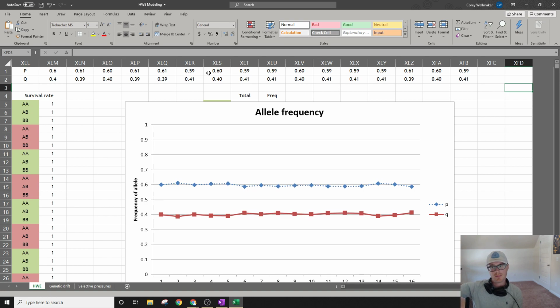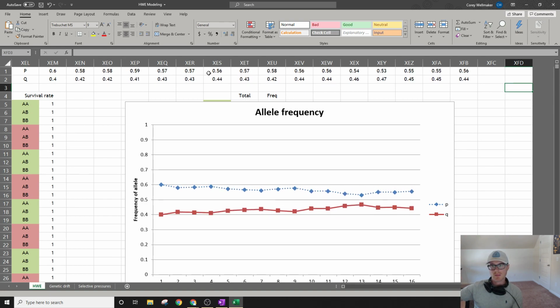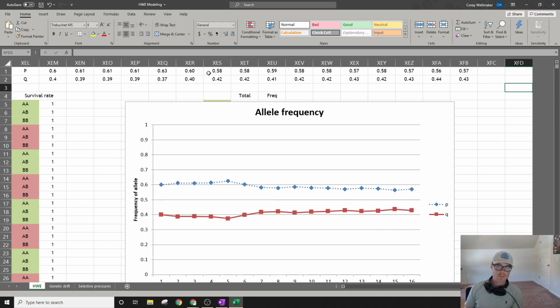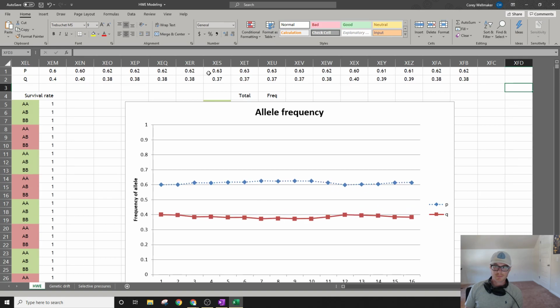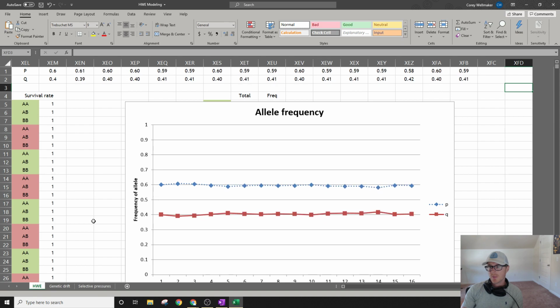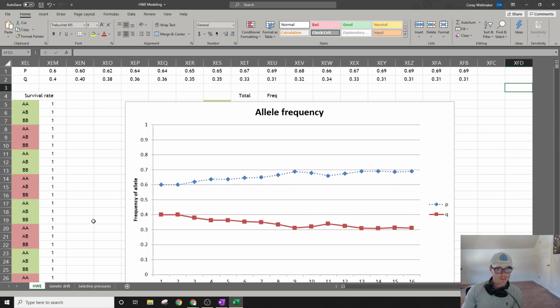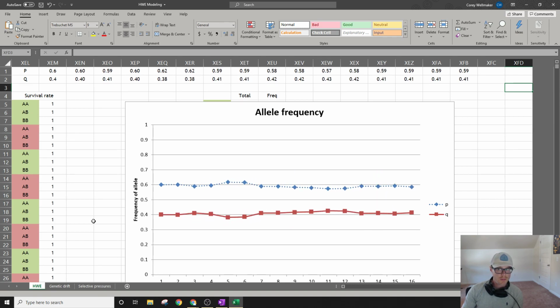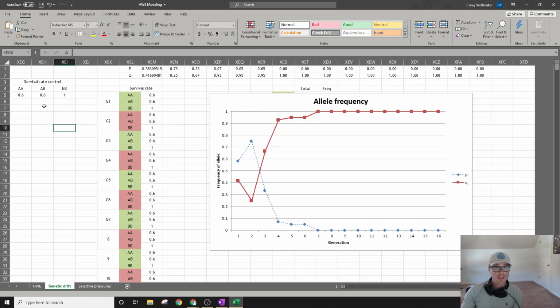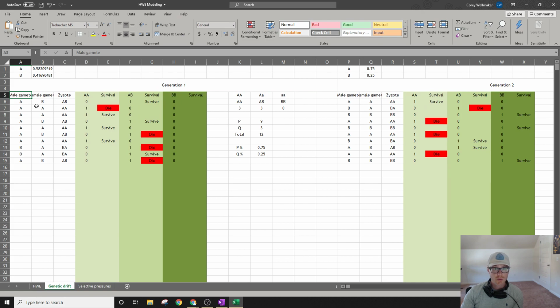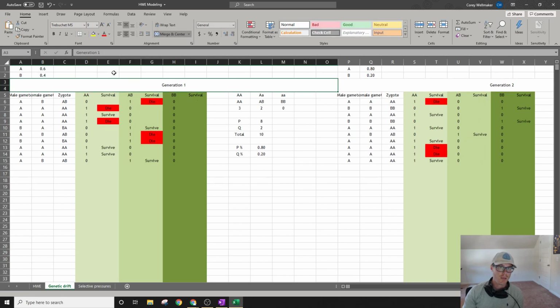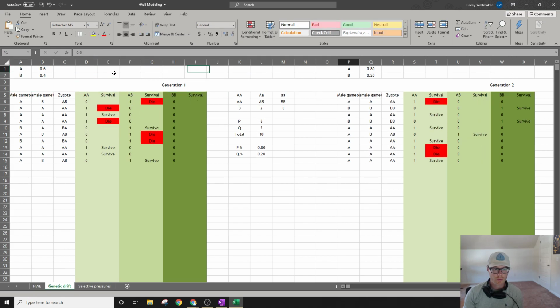So over time, it fluctuates a little bit because sex is random. But for the most part, it stays around 0.6 and 0.4. Now, you suddenly drop the population size from 2,000 to 20. I'm going to make the P and Q frequency 0.6 and 0.4.